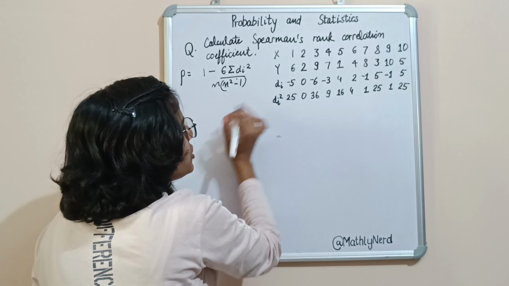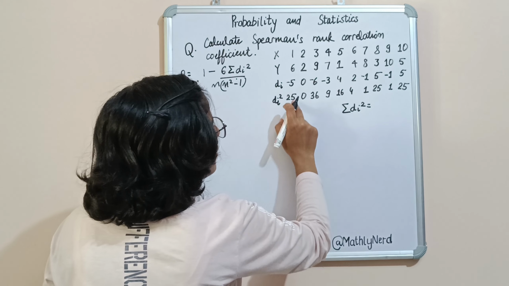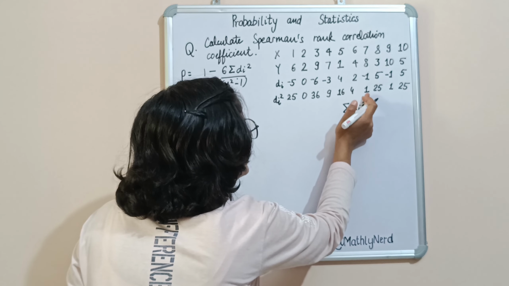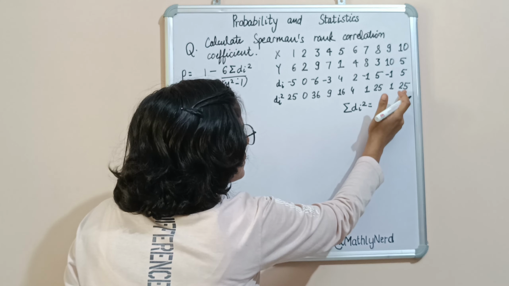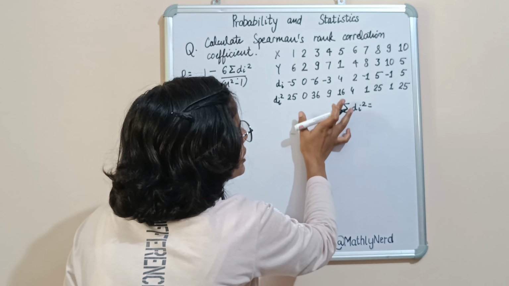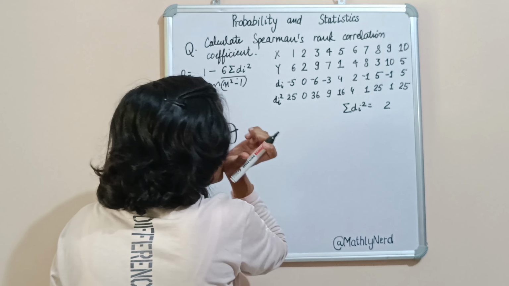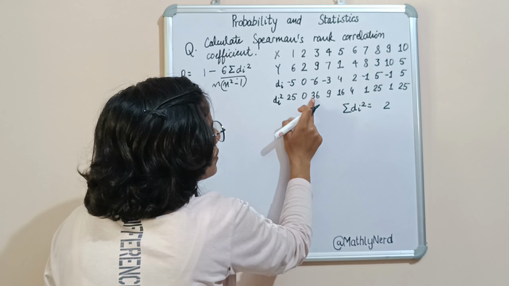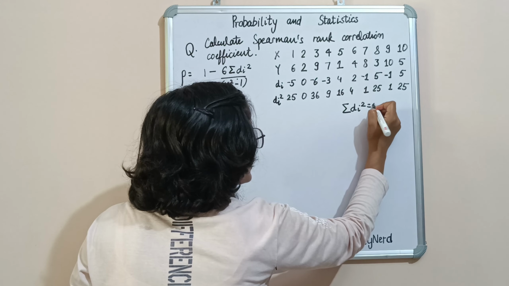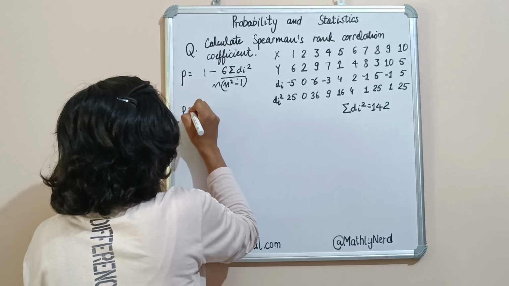Now we need summation di square, so adding these up step by step, we get a total of 142. Our summation di square equals 142. Now we will just put this value in our formula.